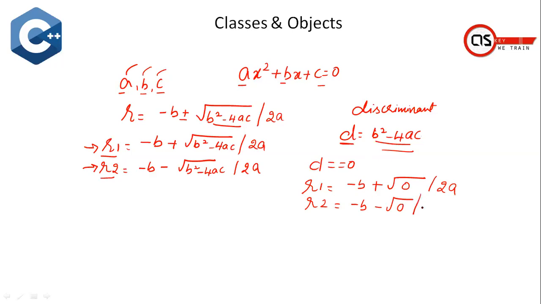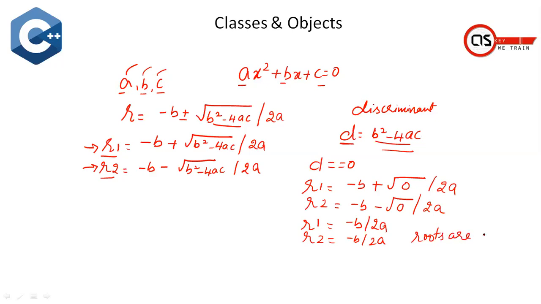Now the square root of 0 is 0 itself, so I can eliminate this. R1 equals minus b divided by 2a, and R2 equals minus b divided by 2a. That means the roots are equal.